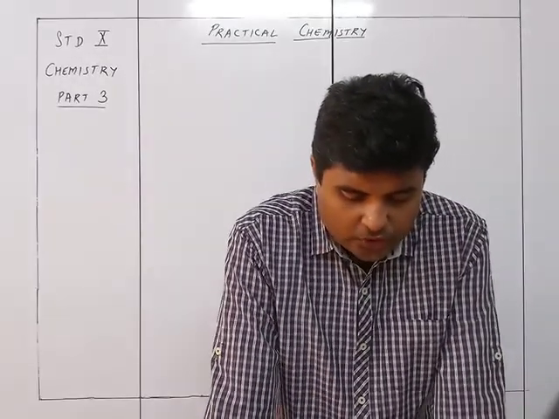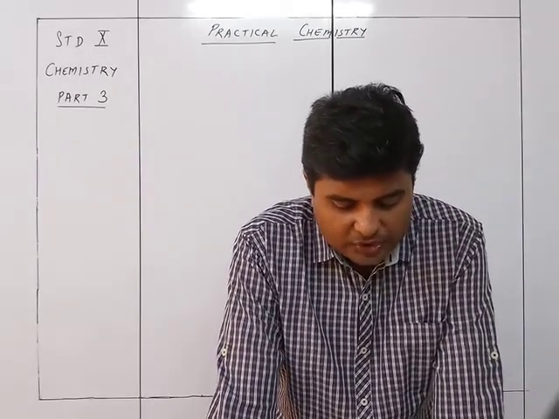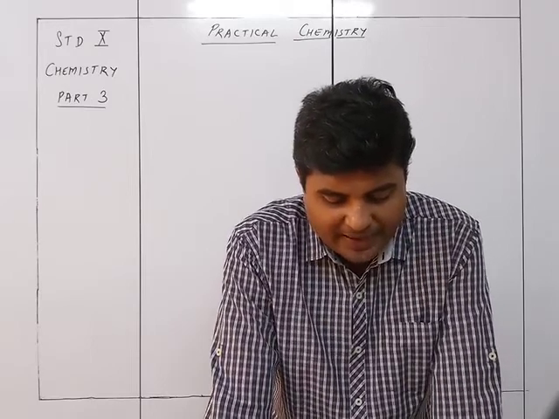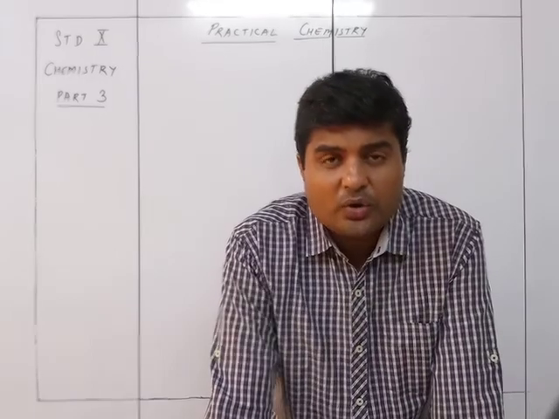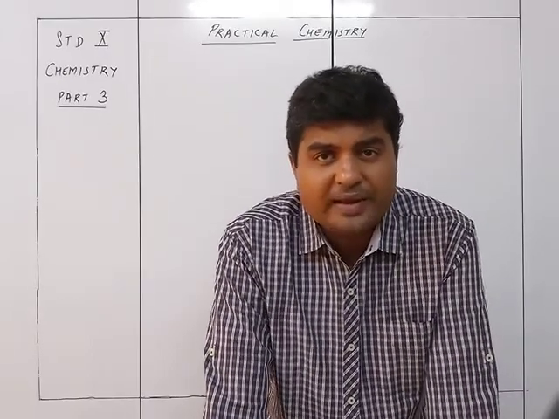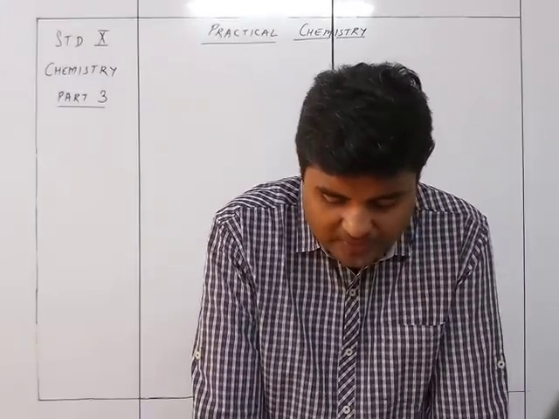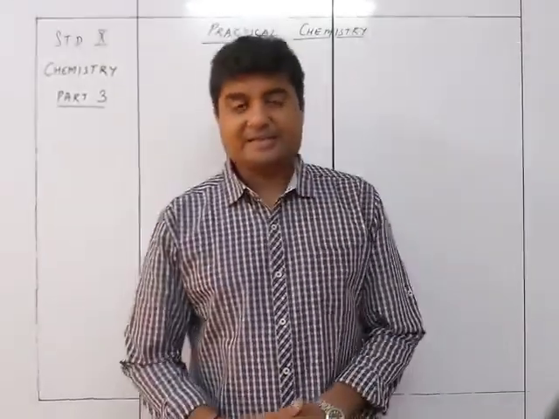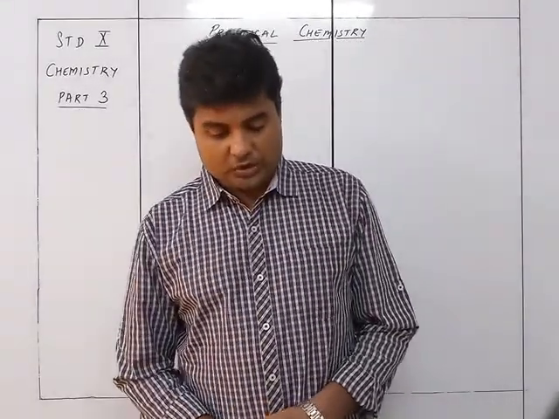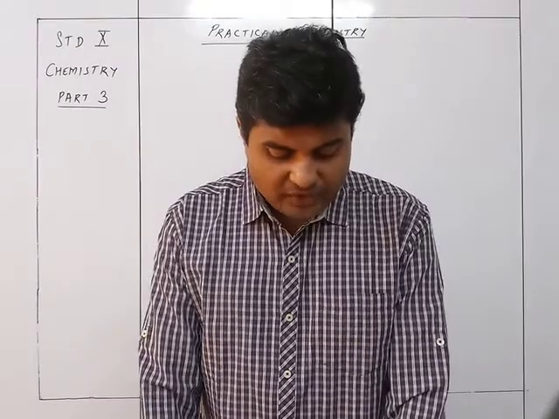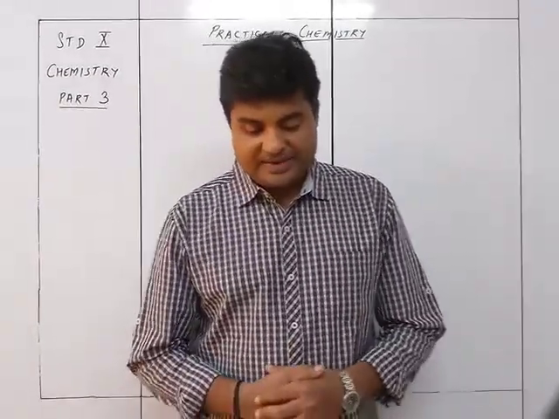The next thing you do is add to the salt solution a solution of barium chloride or barium nitrate. If you take that carbonate and add barium chloride or barium nitrate, a white precipitate is formed which is soluble in dilute HCl. So the reaction is Na2CO3 plus BaCl2 gives BaCO3, a white precipitate, plus NaCl.